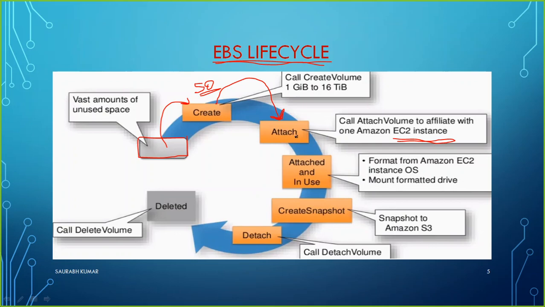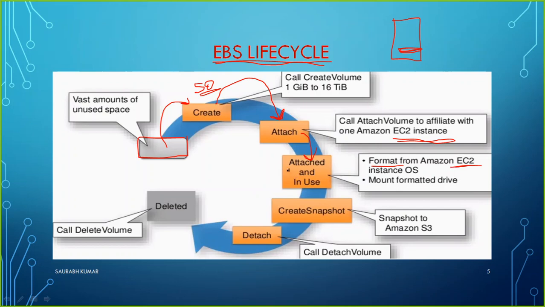For example, if you buy a new hard disk from the shop, bring it home and connect it to your physical computer, that hard disk is not in a mode where you can start using it. So the next part is that you have to format that hard disk. You have to decide how you want to utilize it. Here you format it using your Amazon EC2, and at that time you also define the file system.